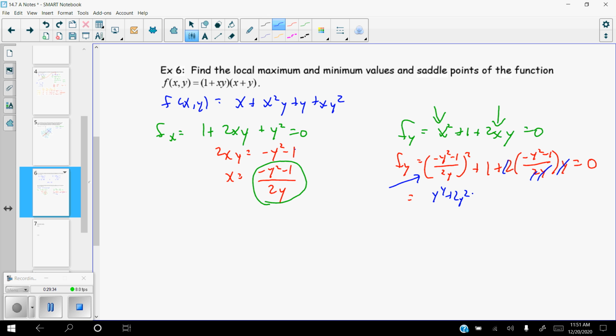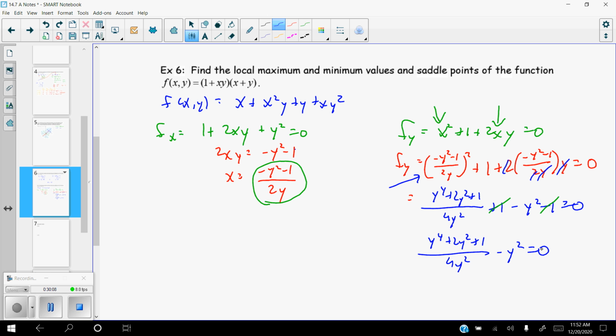And then plus 1 over 4y squared. Got a plus 1. Then we got minus y squared minus 1 equals 0. Looks like the plus 1 and the minus 1 are going to go away. So now we've got y to the fourth plus 2y squared plus 1 over 4y squared minus y squared equals 0.